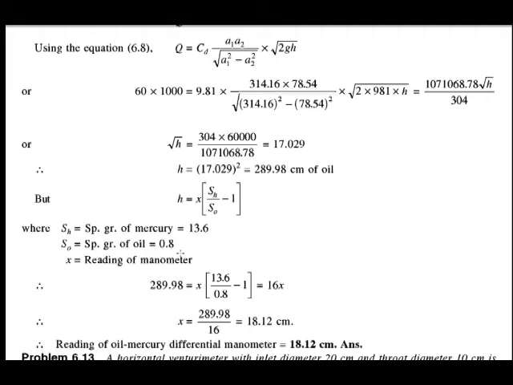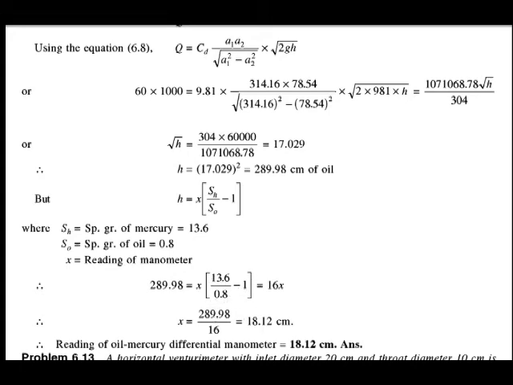Okay, when the fluid present in the manometer is heavier than the oil flowing through the pipe, the formula for h is equal to x into in bracket Sh upon S0 minus 1. So the value of h, 289.98, is equal to x into in bracket 13.6 upon 0.8 minus 1.